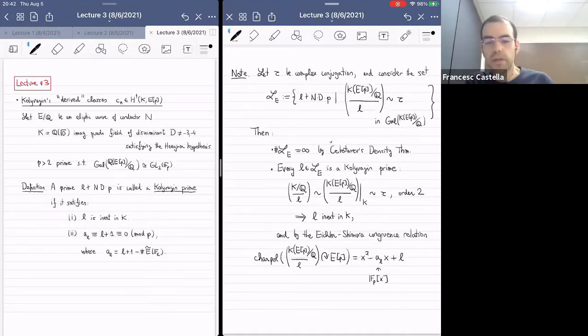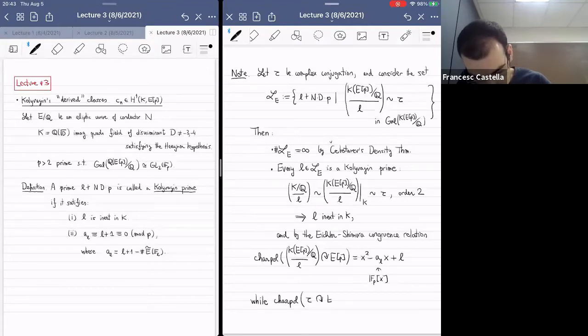We're looking at the p-torsion, and on the other hand, that will be the same as the characteristic polynomial of complex conjugation, because these two are conjugate by definition. But we also know what that is. The characteristic polynomial of tau acting on the p-torsion is x squared minus 1.